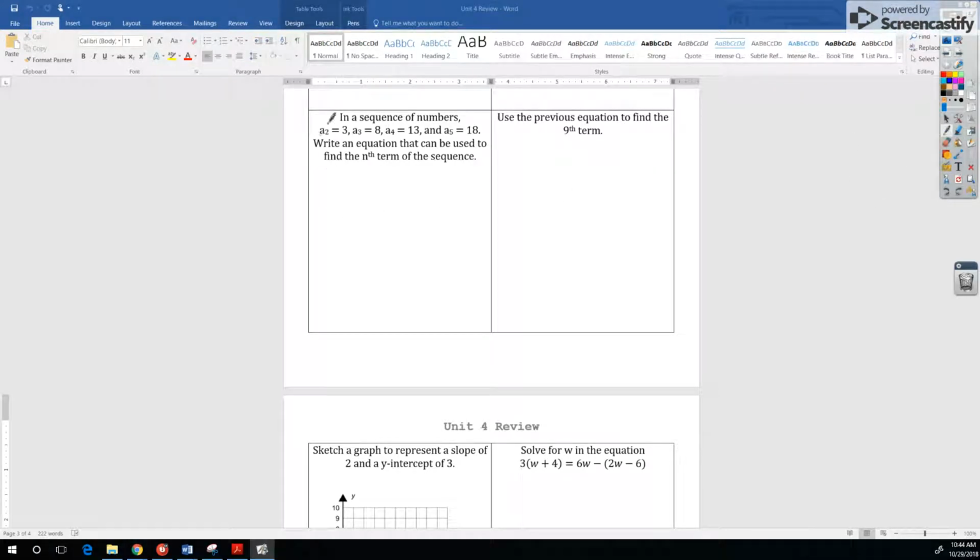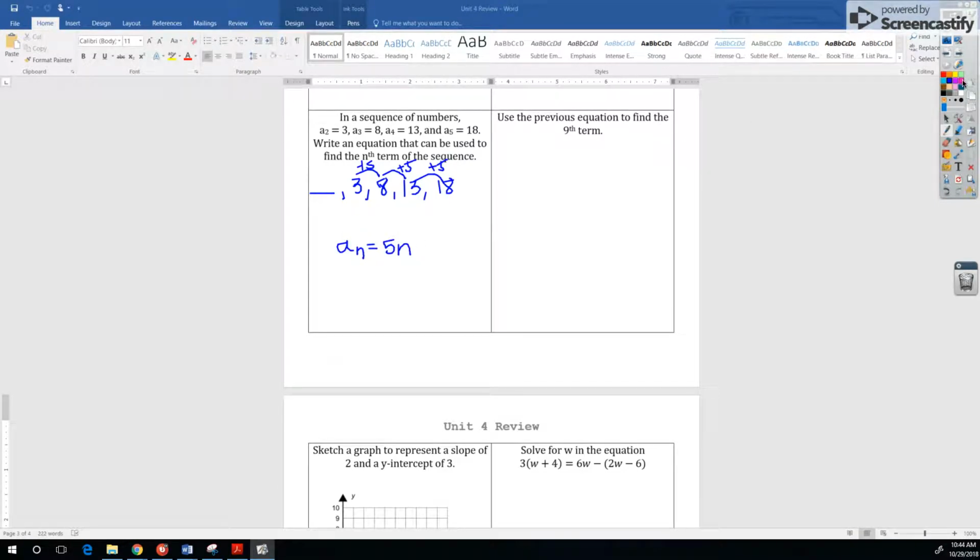Okay, so like I was doing in the last video, I'm going to write out what I know. I don't know the first term, but I do know the second, third, fourth, and fifth terms. Every time I'm adding 5, adding 5, adding 5.